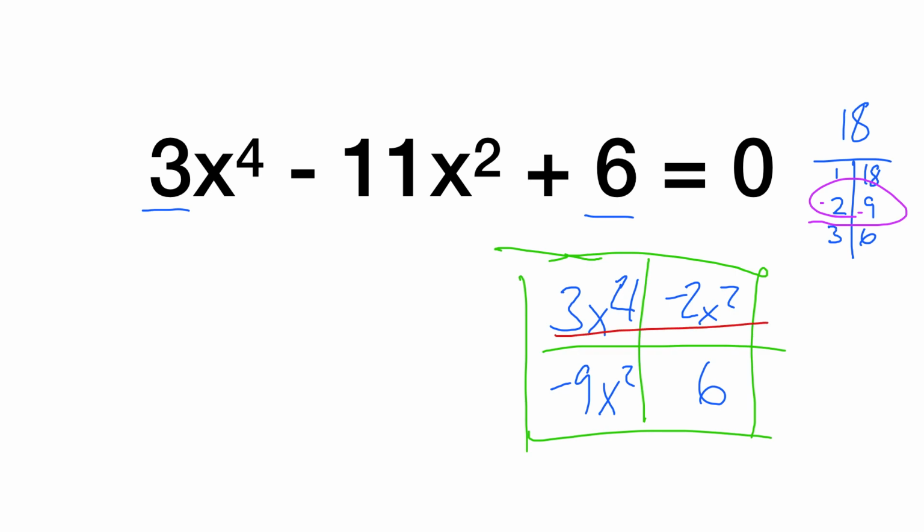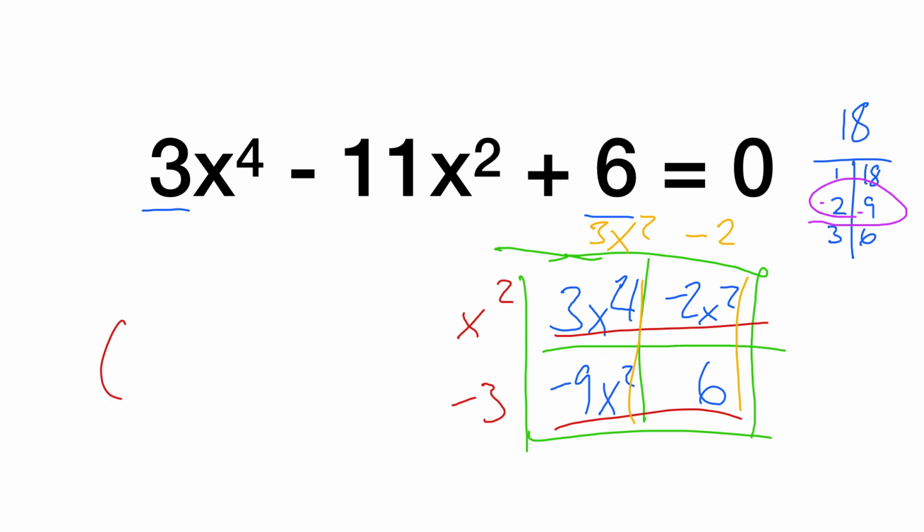So greatest common factor between 3x to the 4th and negative 2x squared is x squared. Negative 9x squared and 6, because it's negative, I'm going to say negative 3. 3x to the 4th and negative 9x squared, that's going to be 3x squared. And that works when I multiply these. Negative 2x squared and negative 6 is negative 2.